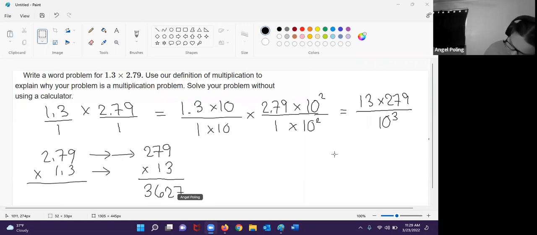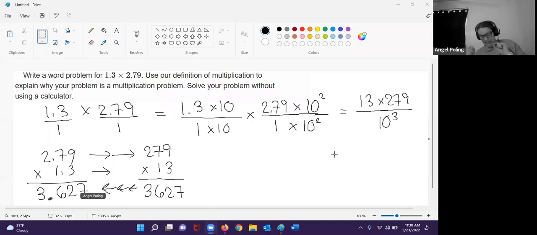And then we said, because we arrowed over to the right 3 times, we're going to arrow over to the left 3 times, moving our decimal place 3 places to the left at 3.627.